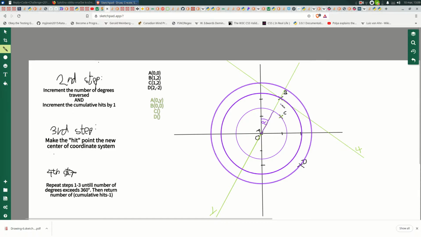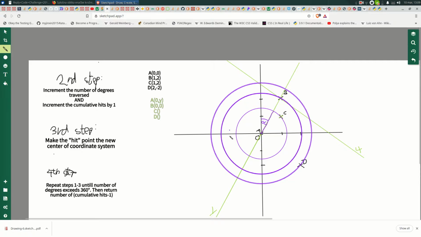So in essence, what do we want to do? We want to move by making this the center. We calculate this.